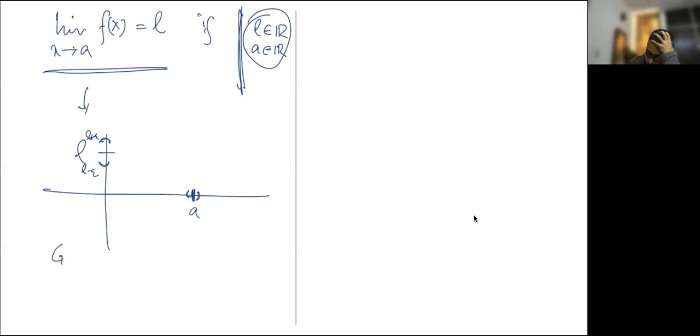So given epsilon positive, there should exist a neighborhood of A. Now a neighborhood of A, you can write as (A minus delta, A plus delta). So there exists a delta. But the stress is basically on the interval rather than just this number itself.